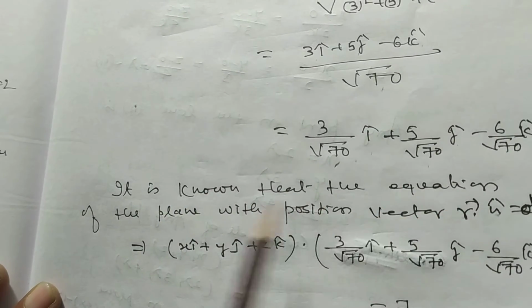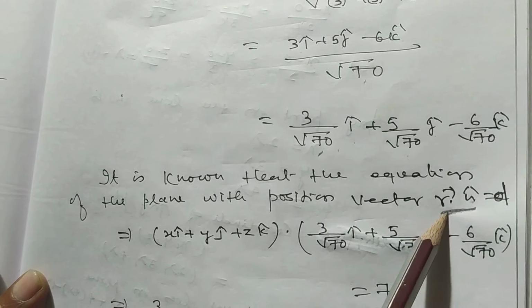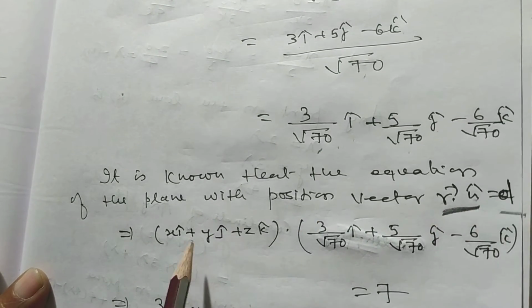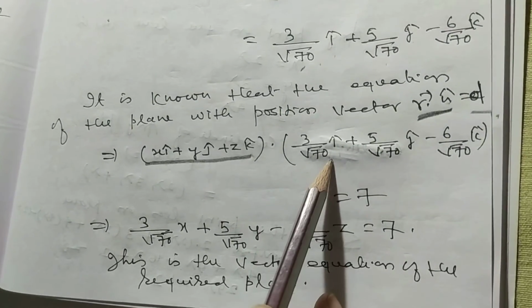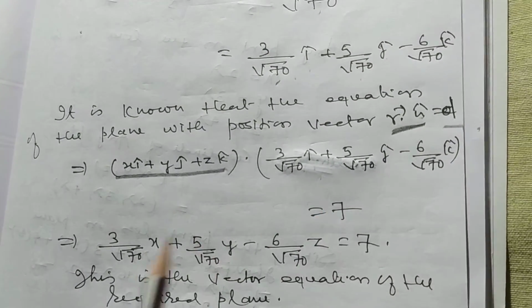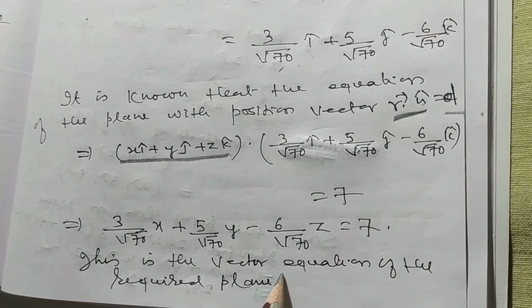It is known that the equation of the plane with position vector r and unit vector n is r dot n cap is equal to d. So with r equal to xi plus yj plus zk, if you multiply it by the unit vector, it will be the equation of the plane in normal form.